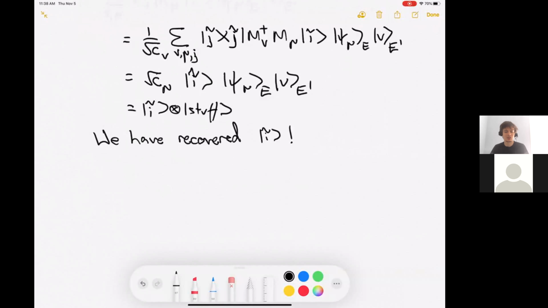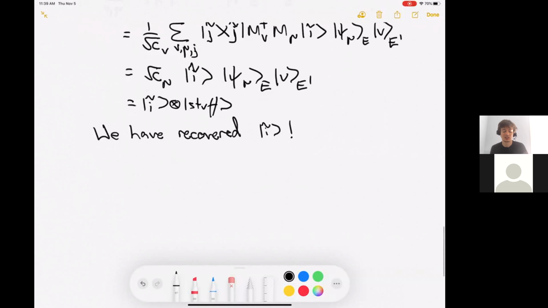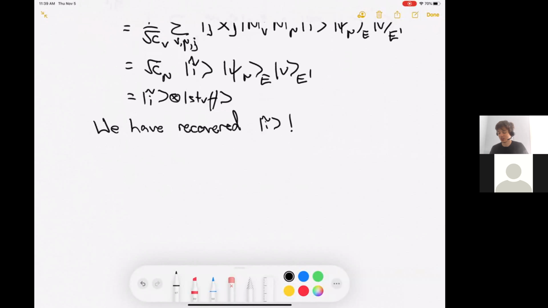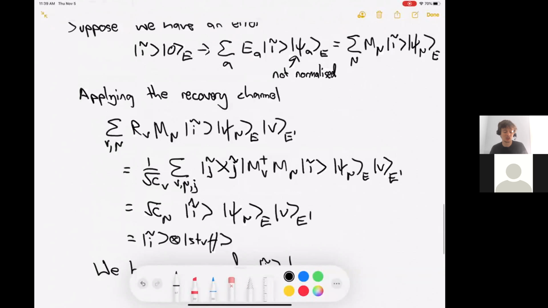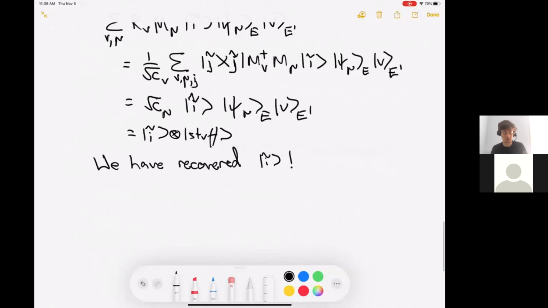You might, if you've been paying enough attention, worry a lot at this point, because we defined this set of Kraus operators R mu, but there's a very important property of Kraus operators, which is that they have to add up to the identity.